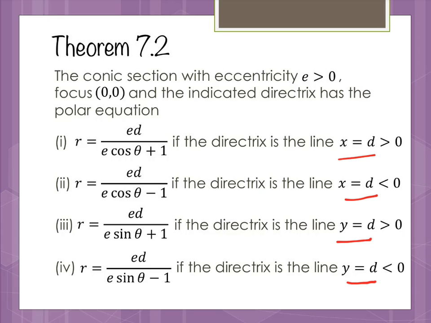And then the difference is whether the x equals or the y equals is a positive number or a negative number. We get a different image. So that very slight change in the formula, the sine or the cosine, the plus or the minus, comes from finding a different kind of directrix, whether it's vertical or horizontal, and whether it's a positive value or a negative value.